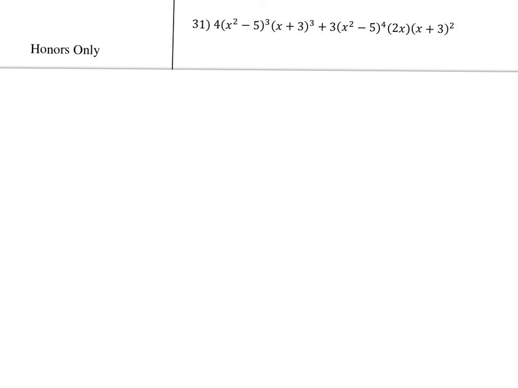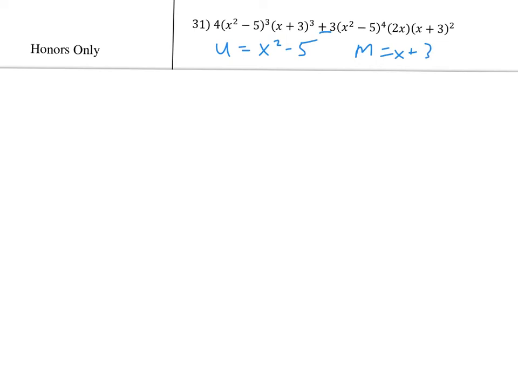All right, next up here, we're going to get into some really tough ones. And so for this one, I see a bunch of kind of crazy stuff in parentheses here. Really, I only have 2 terms. There's a plus right there. So I'm going to use some u-substitution here. So let u equal x squared minus 5. And then I also see I have that x plus 3 in parentheses. So I'm going to pick another variable for that. I'll go with m again. And we'll go x plus 3 there.